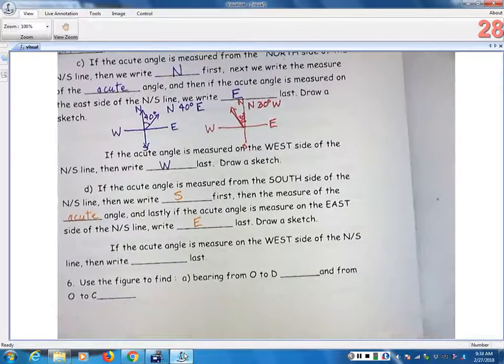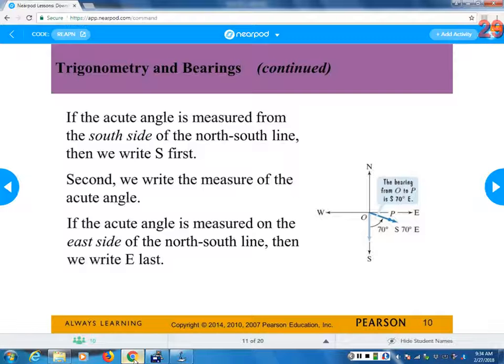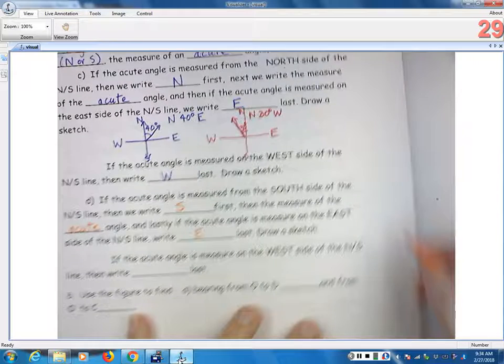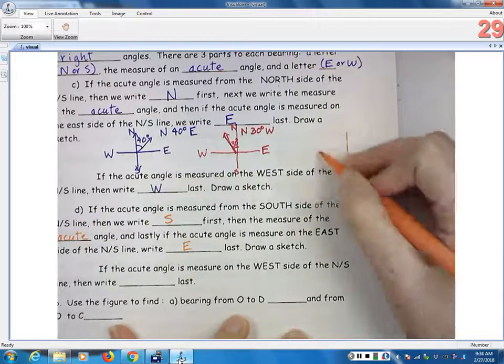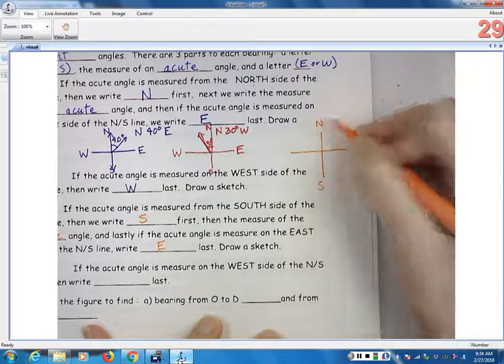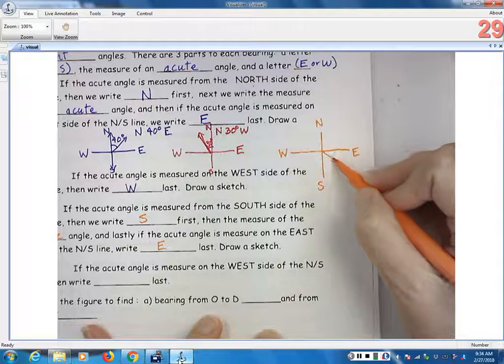So we can use the ones they've done on the slideshow. They're using 70 degrees there. Okay. Start it here. So this is south, north, east, west. They've got 70 degrees.